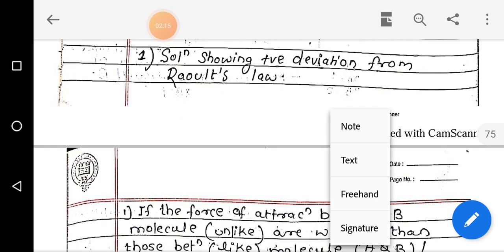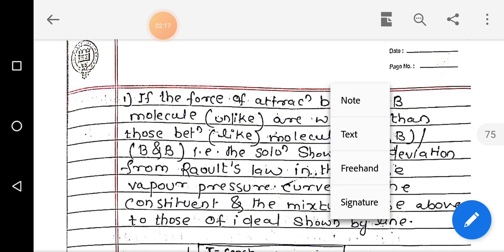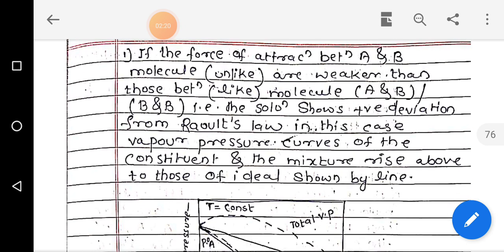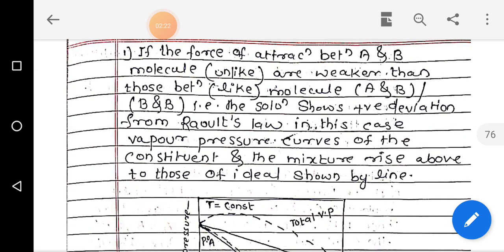If the force of attraction between A and B molecules is weaker than those between the like molecules, A and A, and B and B, the solution shows positive deviation from Raoult's law.